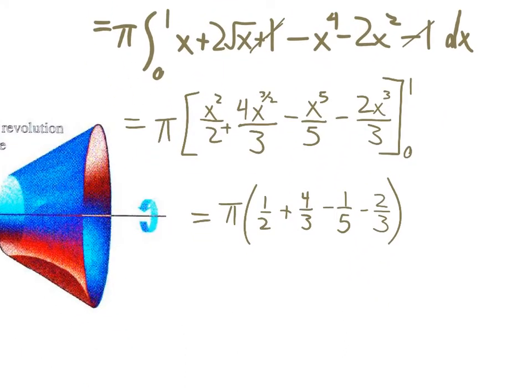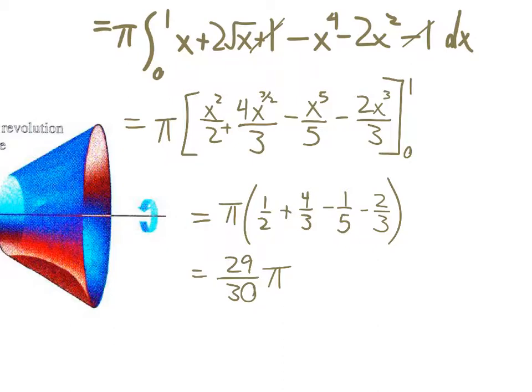So our common denominator here is going to be 30. 15 plus 40 is 55, minus 6 is 49, minus 20 is 29. So this is going to be 29/30ths pi cubic units.